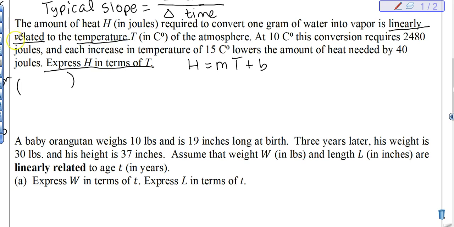It's temperature. So you know what I'm going to do? I'm going to underline that in red. So I'm going to define my X as my temperature. And what's my H representing? Heat. Joules is my measurement of heat.